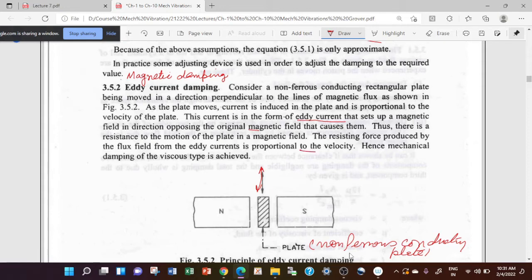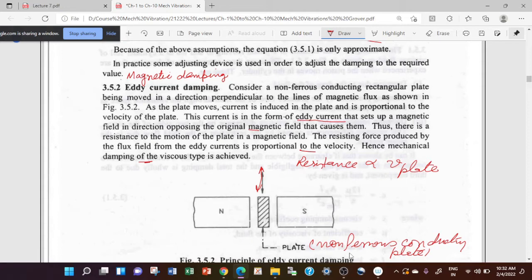Because of that, it is known as a mechanical damping of viscous type. So the resistance force which you are getting here is proportional to the velocity of the plate, and that's why it is also a mechanical type of viscous damping.